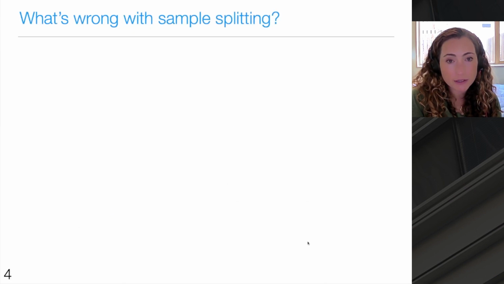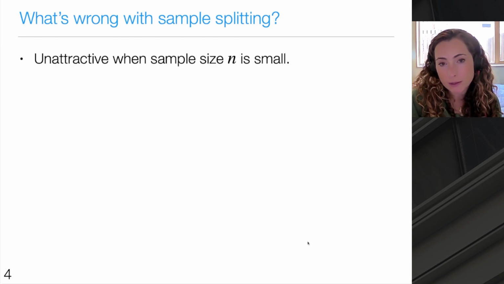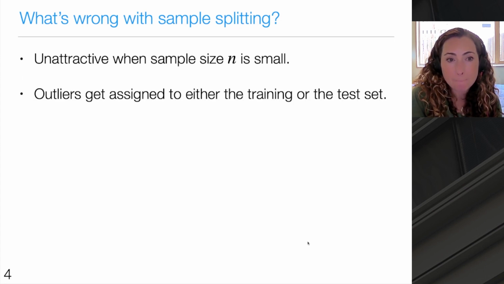Okay, so sample splitting seems pretty good, but it turns out it's not necessarily the right solution in all settings. One example is when the sample size is small. If we only have 8 observations, or in the example I just showed, 5 observations, it might be a tough sell to convince someone to split that very small number of observations into separate training and test sets, and then fit a model on just half of those N observations.